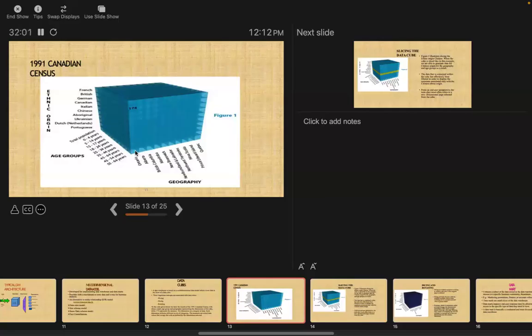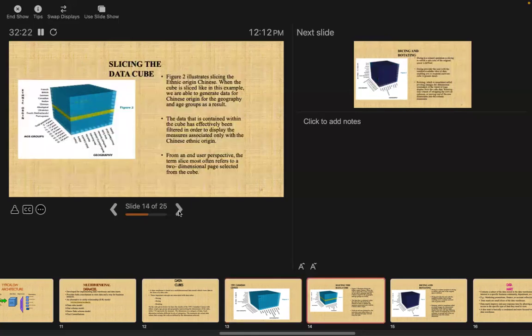So slicing means we just pick up one cube, and in that cube, as per the dimensions, you get different information. That is the slicing process.